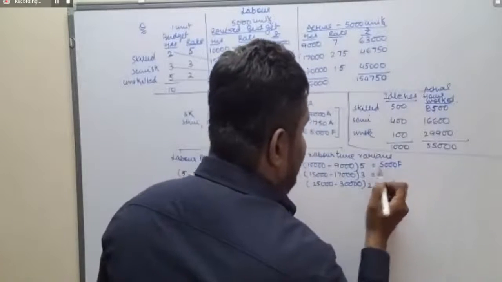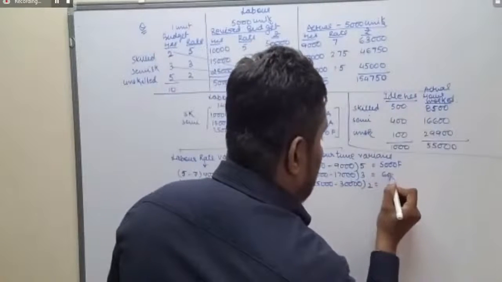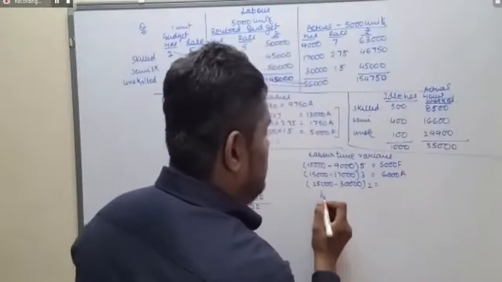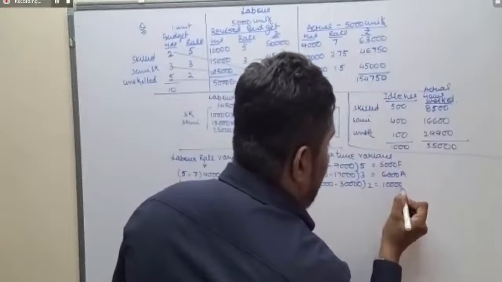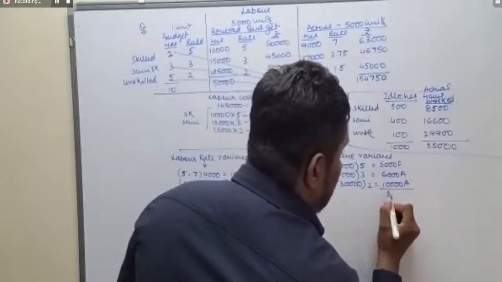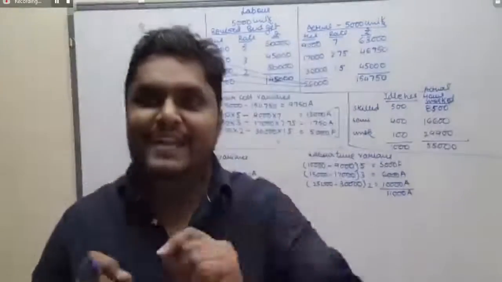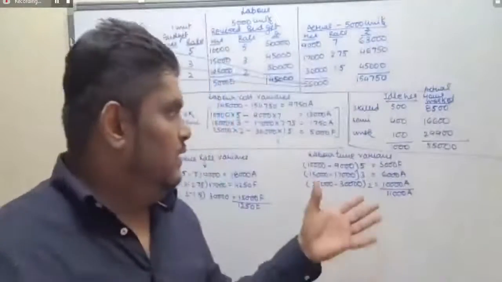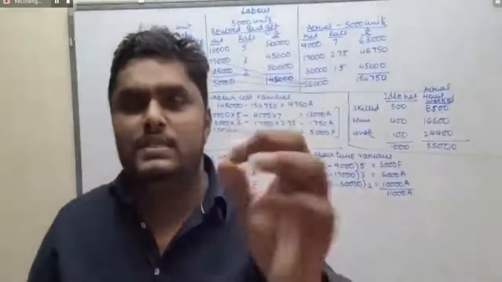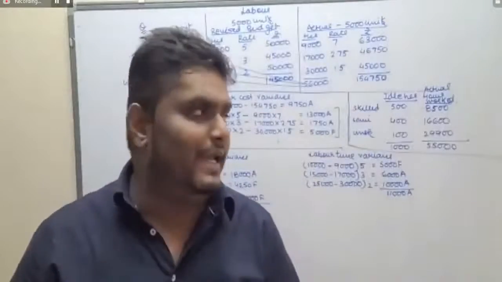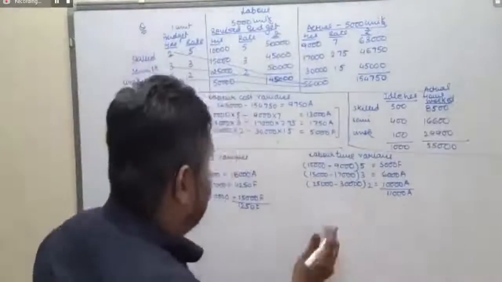So 5,000 favorable, 6,000 adverse, and 10,000 adverse. So aggregate it will be 11,000 adverse. So if idle hours are given in the question, for the labor time variance there will be no change in the solution, guys.